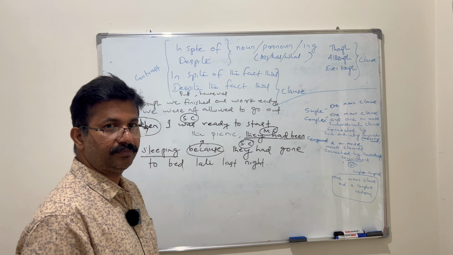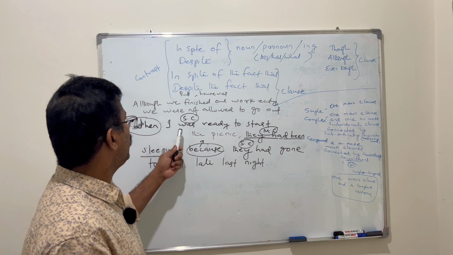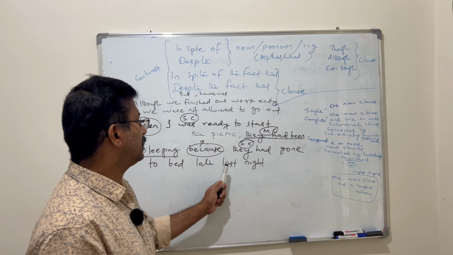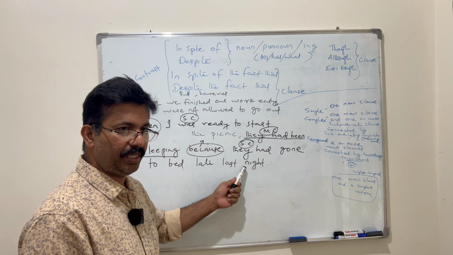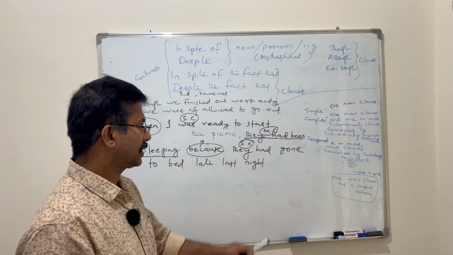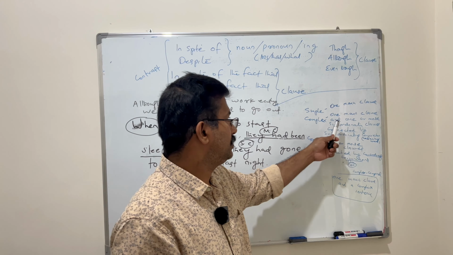All right, does that make sense? Is that clear? I will repeat. When I was ready to start the picnic is one subordinate clause. Because they had gone to bed late last night is the second subordinate clause, and the main clause is they had been sleeping. So this is meeting the second criteria to make a complex sentence. What is the second criteria?